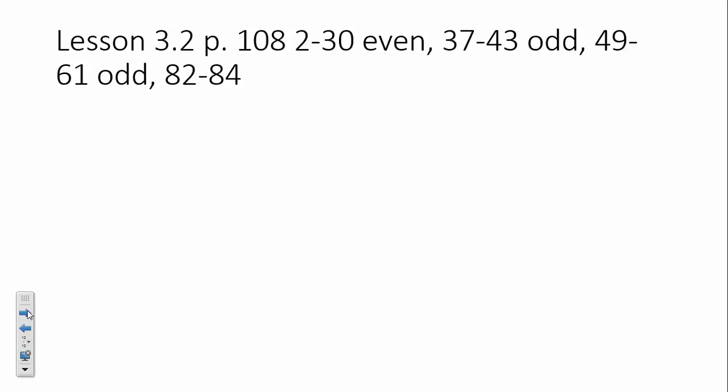All right. So this is going to be your assignment. Lesson 3.2. It's on page 108. Looks like a lot of problems, but they're easy or quick ones to work. Not like graphing that takes a long time. I'm sorry, did I put the wrong page? I think it's 108 unless I mistyped it.